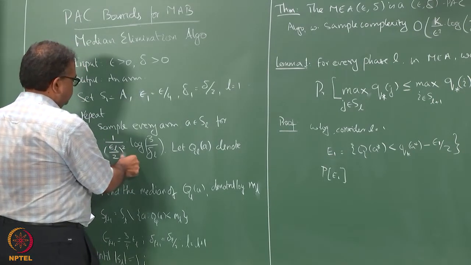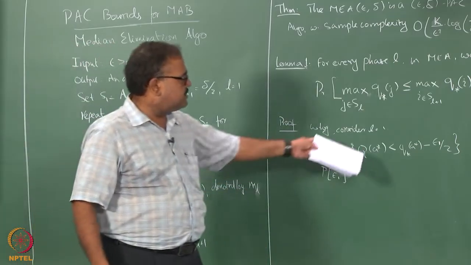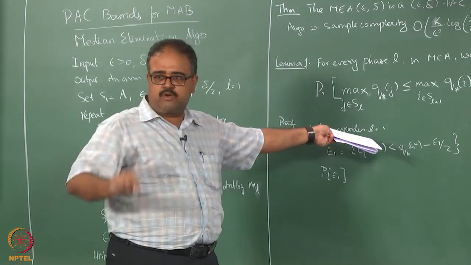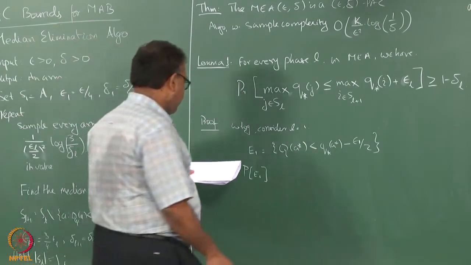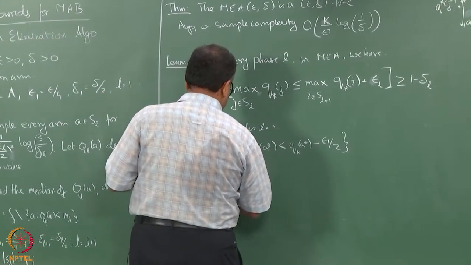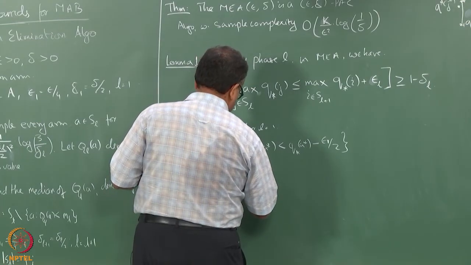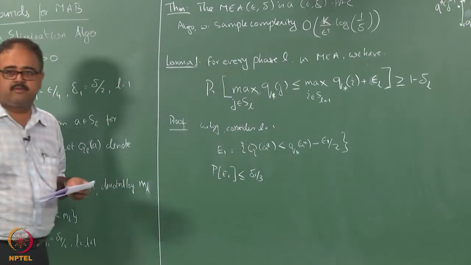And this is a one-sided bound, so the outside 2 will not be there, right. So everything will simplify and you will get delta by 3.